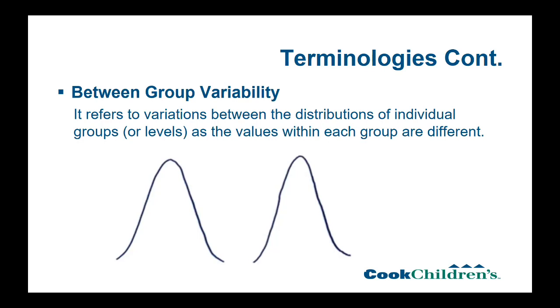The other terminology is between group variability. You'll be hearing about between group variability and within group variability, so it's important to differentiate between those two. Between group variability refers to the variations between the distributions of individual groups. So you're looking at the group level as the values within each group are different.